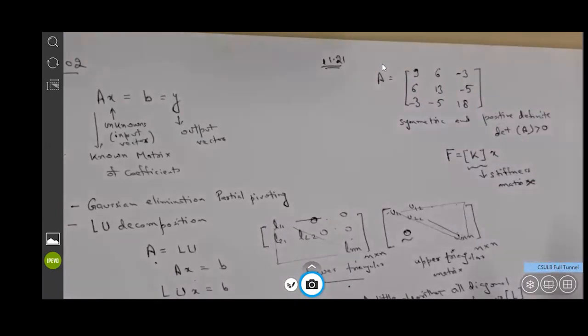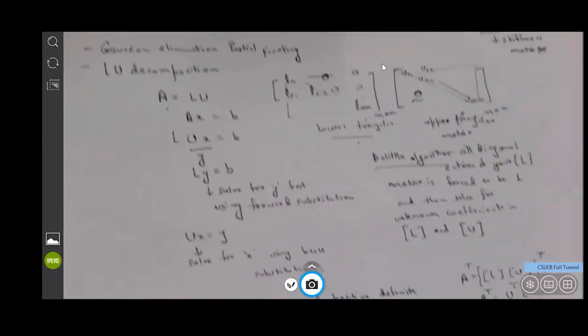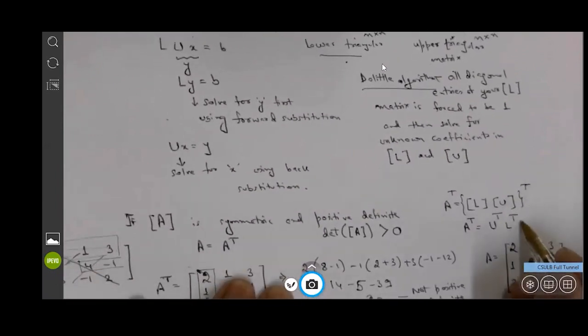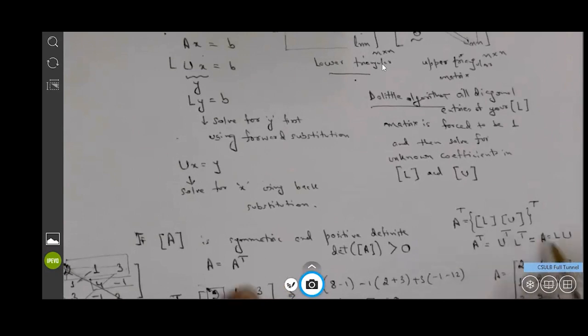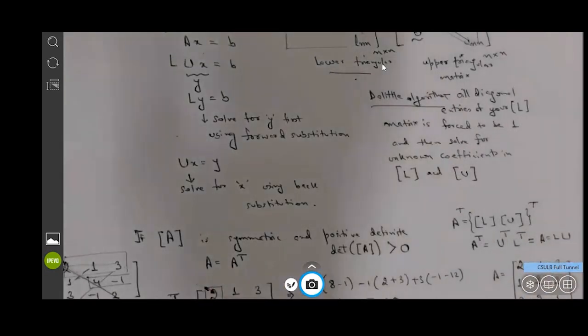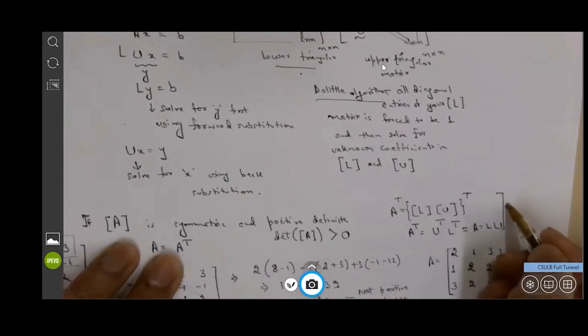For this specific class of matrices, when you do the transpose, you know that A transpose is equal to A, which equals L times U. So the LU decomposition just becomes A equals L times L transpose.